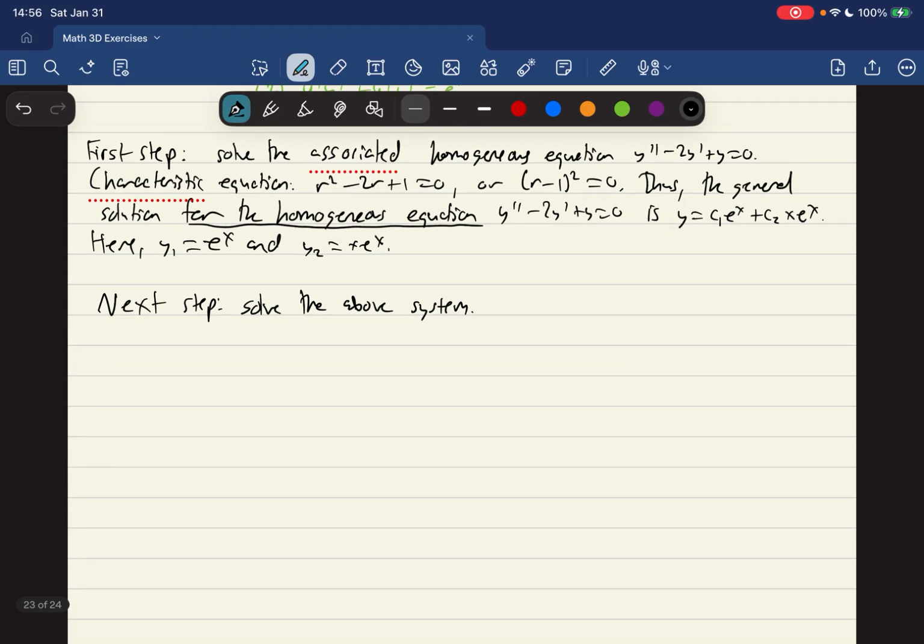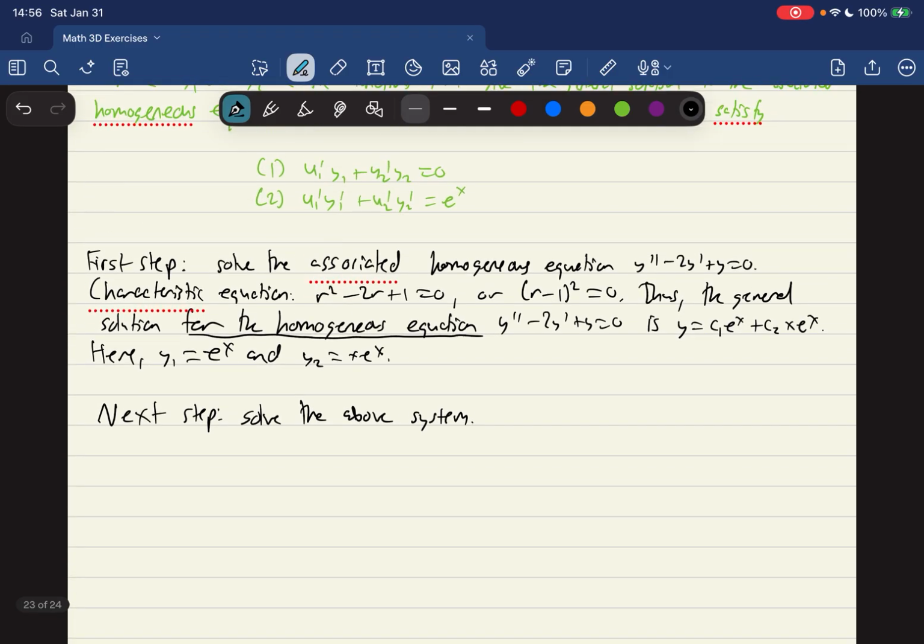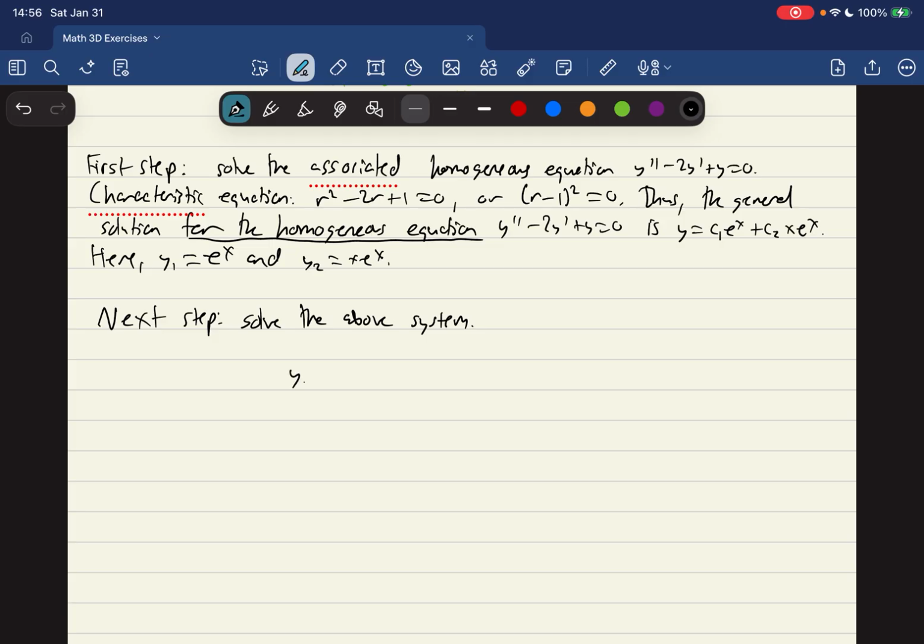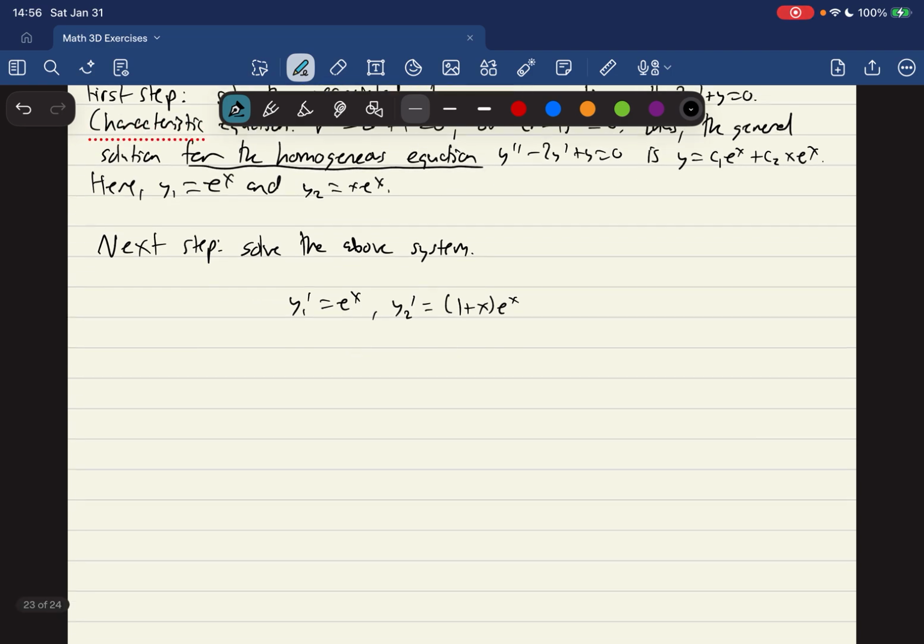Now we can compute the derivatives of y1 and y2. So y1 prime, that's not so bad. This is e to the x. And y2 prime, if I just do some mental product rule, this derivative is going to be 1 plus x e to the x.